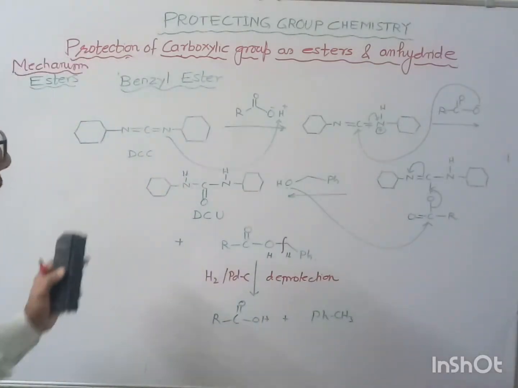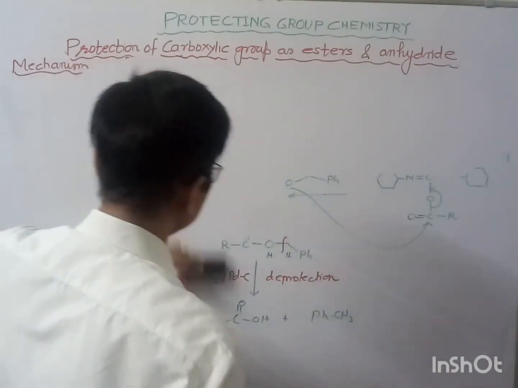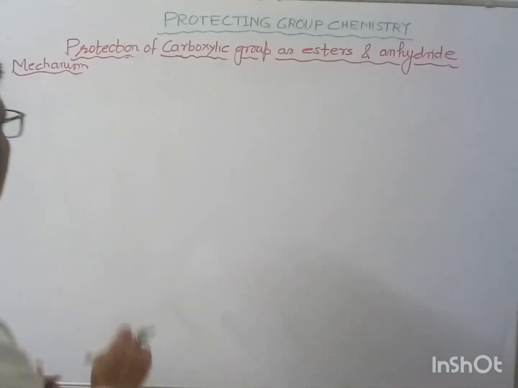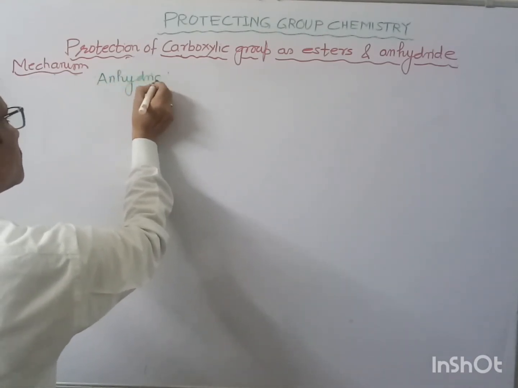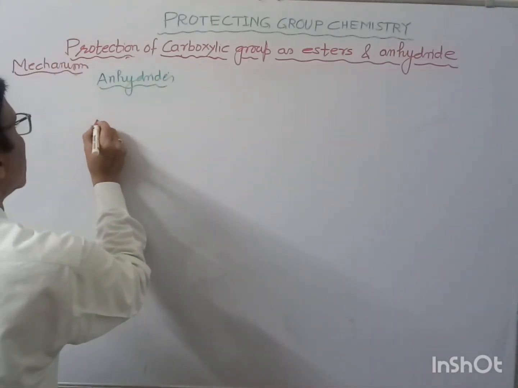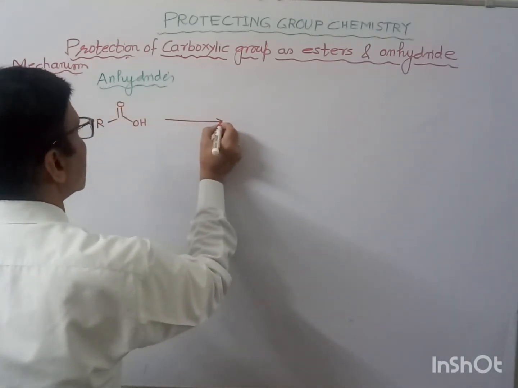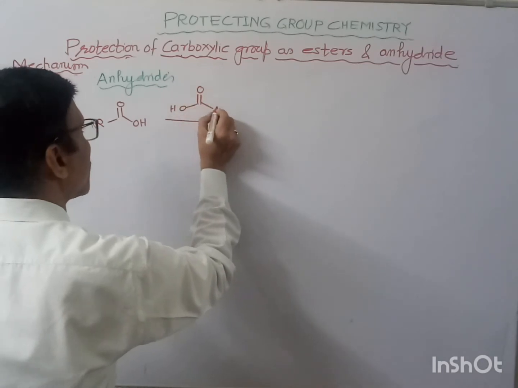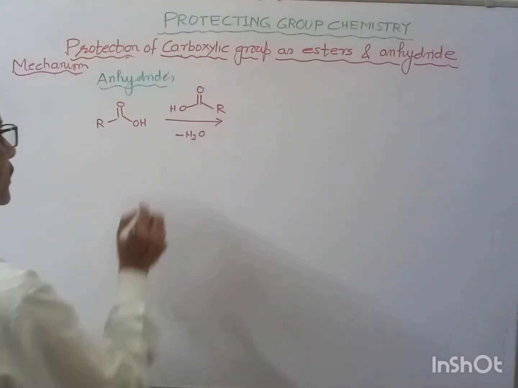Now let's come to the anhydride. So one of the reactions by which this acid can be converted into anhydrides: suppose we have this acid and that can be reacted with another molecule of acid, and an H2O molecule will leave out.